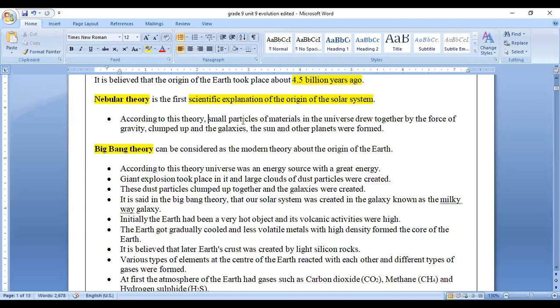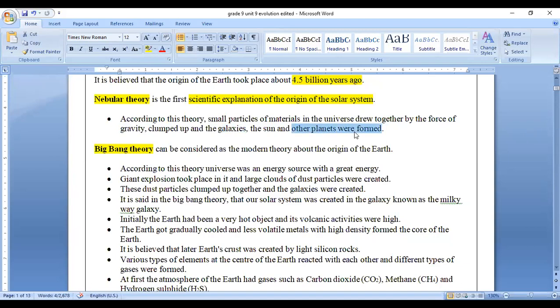In that, small particles of materials in the universe join together by a gravity force, and that joining made galaxies, the sun, and other planets.